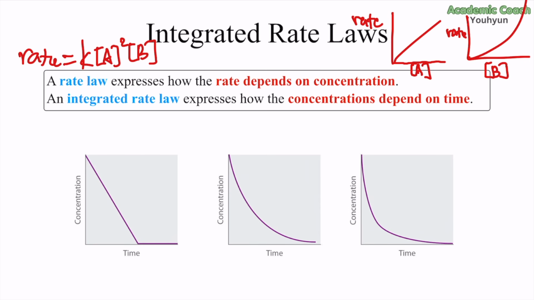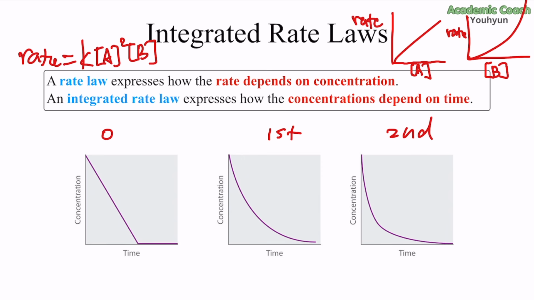So we want to see how concentration changes over time. It makes a lot more sense for us to measure that over time as well. So here are the graphs that show how concentration of any reactant changes over time. And they represent the zeroth order, the first order, and second order.